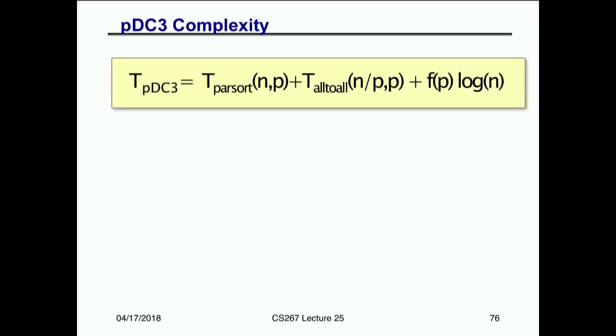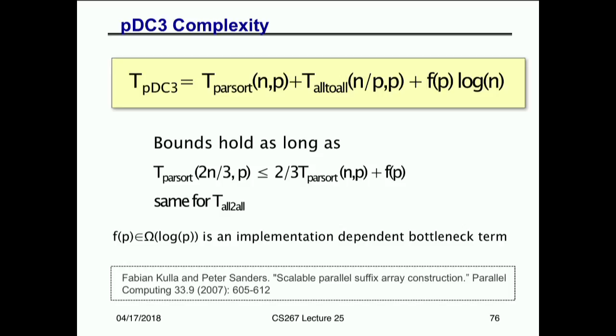But it can be improved. This is somewhat of a lower bound, right? And for these bounds to hold, of course, for this recursion to resolve to this result, these two things need to be satisfied. The sort and the all-to-all both satisfy these constraints, so it's not that important. And you can find a reference over here.